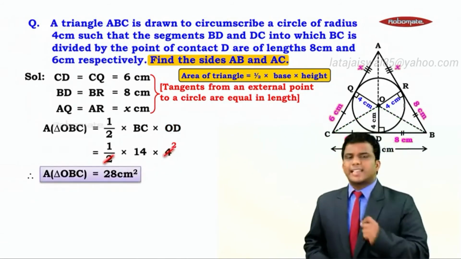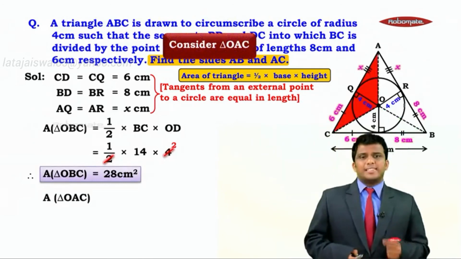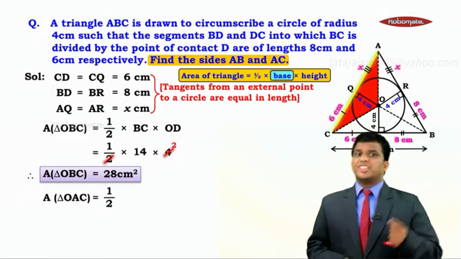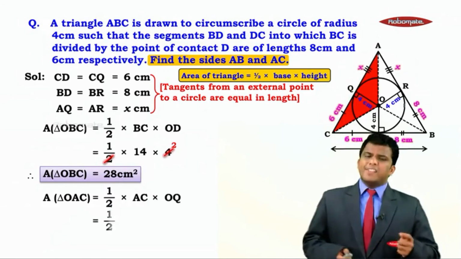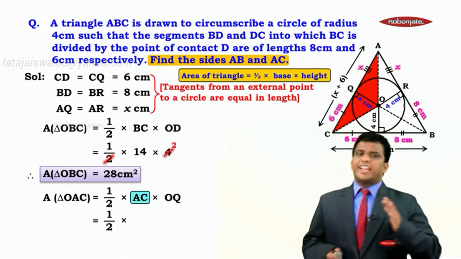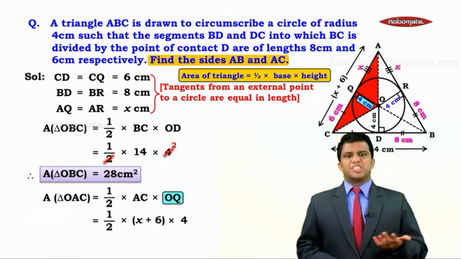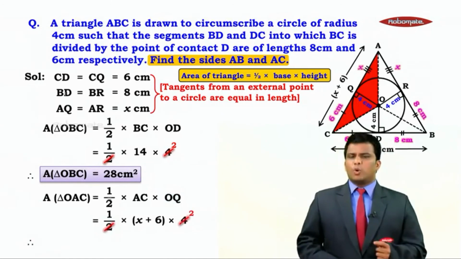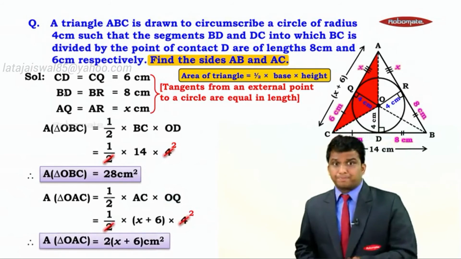Further, let's consider triangle OAC. The area is half into the base, which is AC, into the height, which is OQ. We'll substitute the values: half into X plus 6, that is AC, into OQ, which is 4. We reduce 2 and 4, so area of triangle OAC will be 2 times X plus 6 centimeters square.